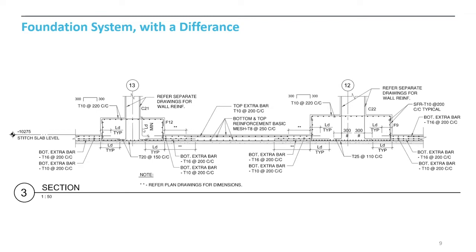what we do here is, instead of putting the slab at the top, which is probably, I understand, common practice in the US, we provide it at the bottom. This is called, as you can see, the stitch slab. It has all the reinforcement calculated to resist the vertical pore water load during the heavy rain season.